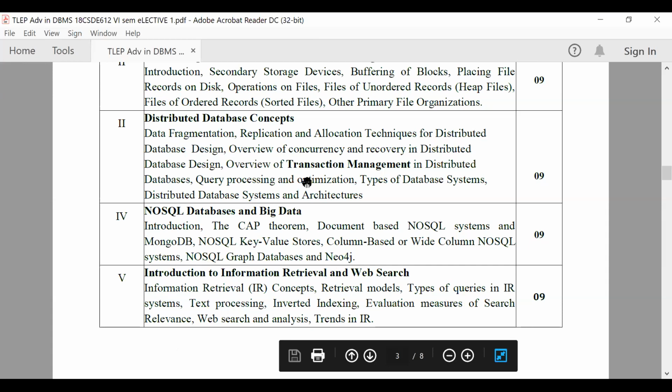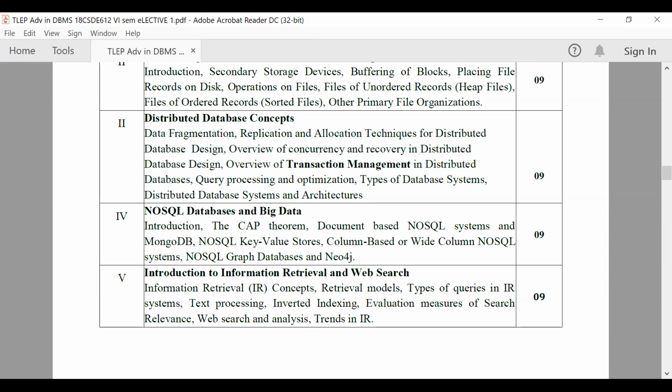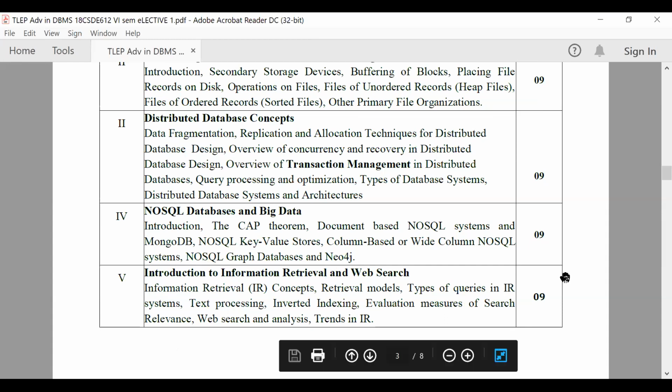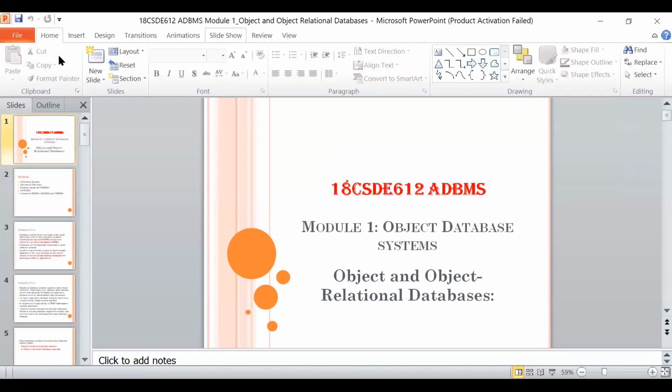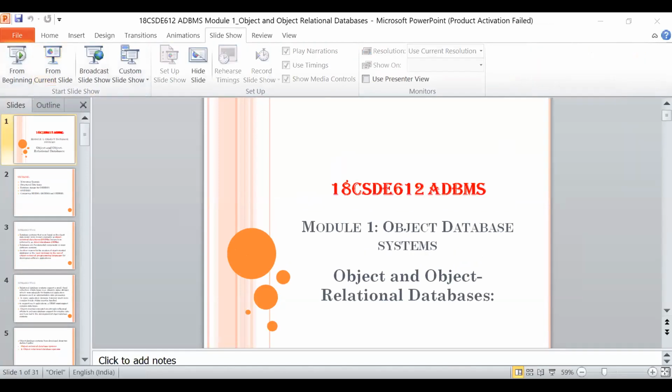Any doubts so far with respect to the basic concepts? Today we will see just an introduction about what is object database systems.